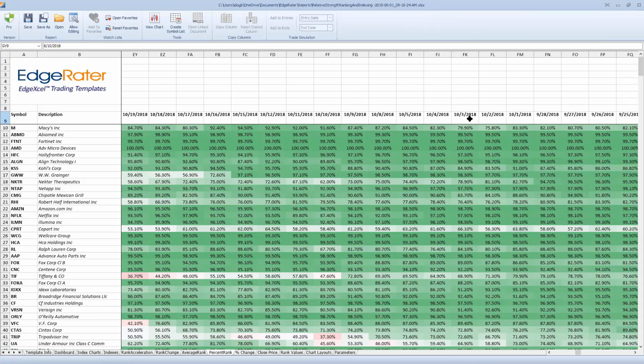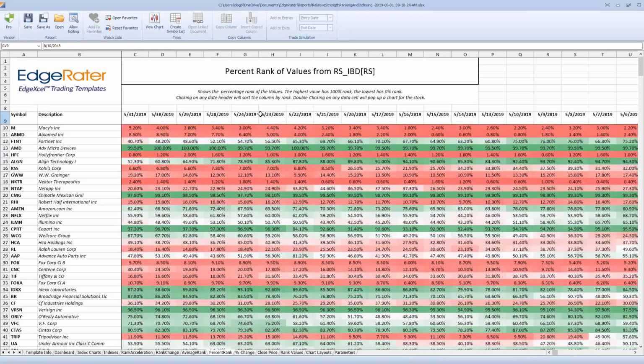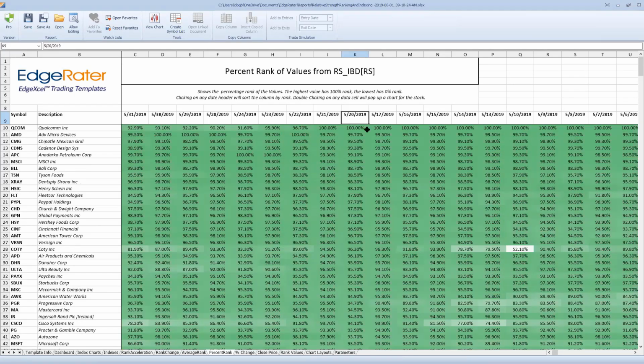It's probably obvious, but let's just go ahead. Say we'll go to 5/20/2019. The strongest stocks according to this ranking function on 5/20/2019 were Qualcomm, AMD, CMG, CDNS. Now, what if you took a portfolio on that day?